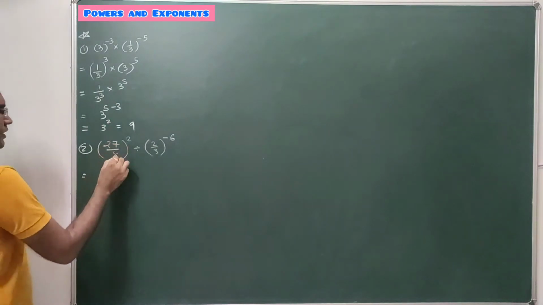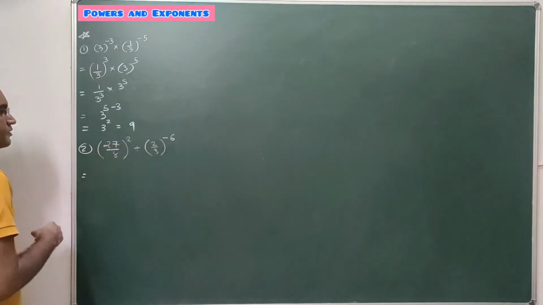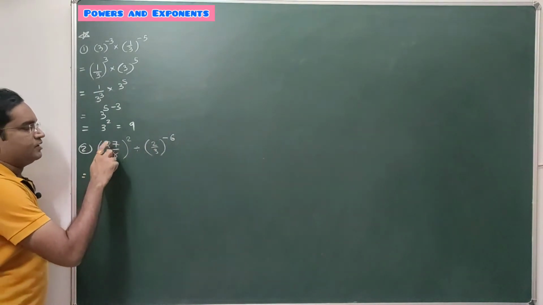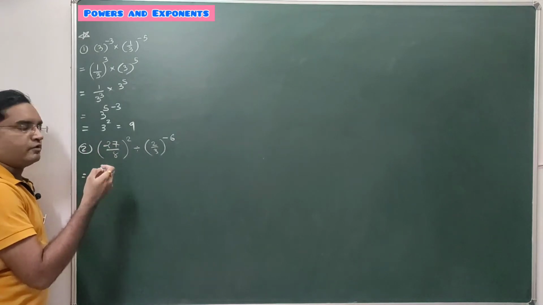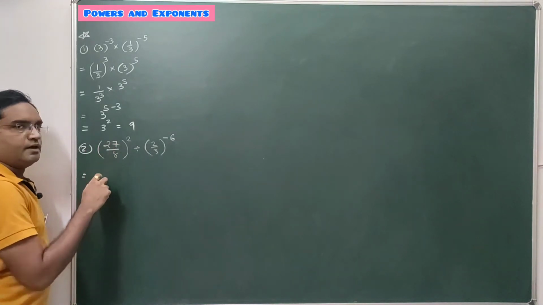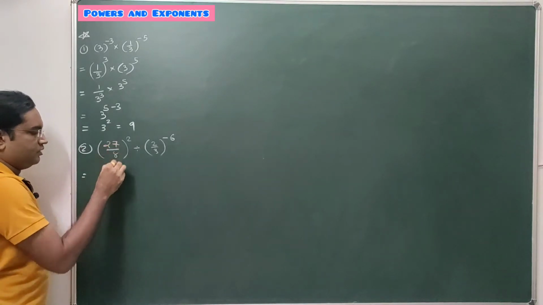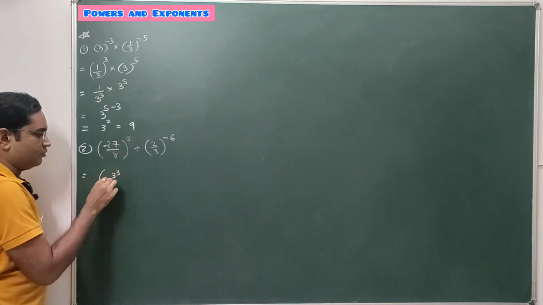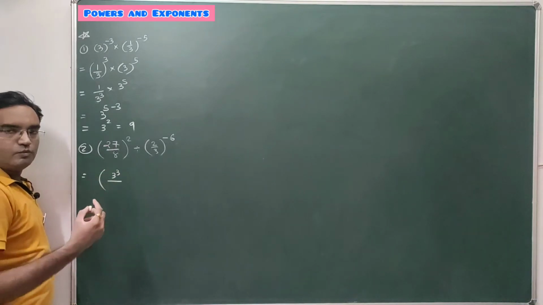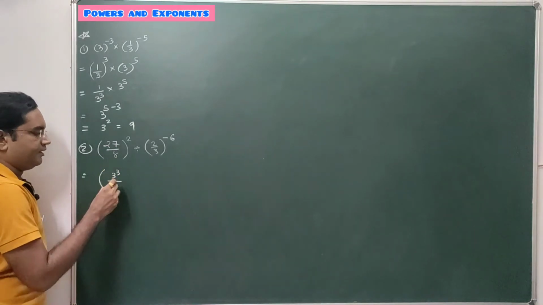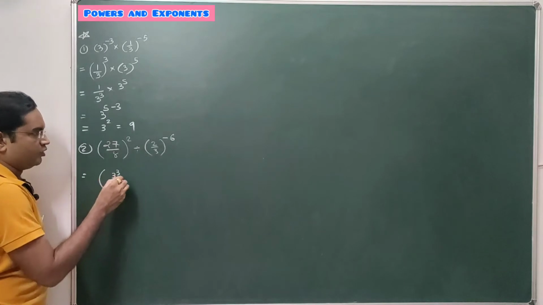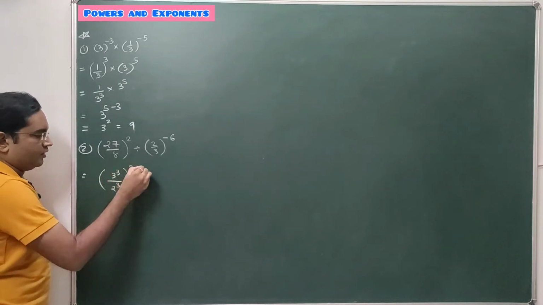So here 27, 8 is there, 2 by 3 is there. So here we can convert this 27 into the power with base 3 and this 8 into power form with base 2. How? 27 is nothing but 3 cube, 8 is 2 cube, raised to whole raised to 2.